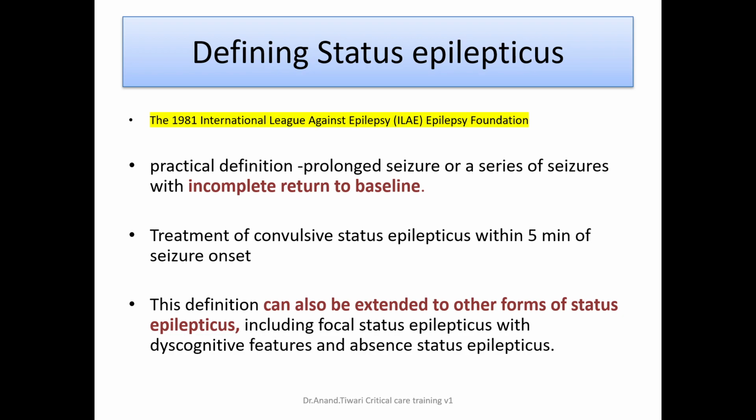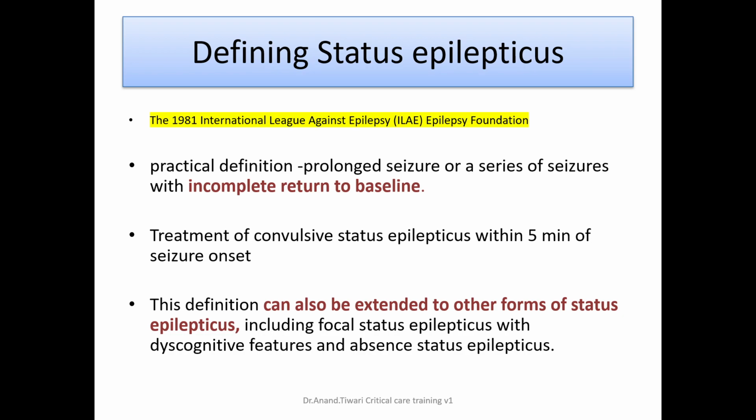But this definition is highly impractical and was later defined as a prolonged seizure or series of seizures with incomplete return to the baseline. When the patient doesn't return to the conscious level between two seizures, the physician should start treating it as status epilepticus, because we know that the risk of neurological injury increases as the treatment for seizure is delayed.